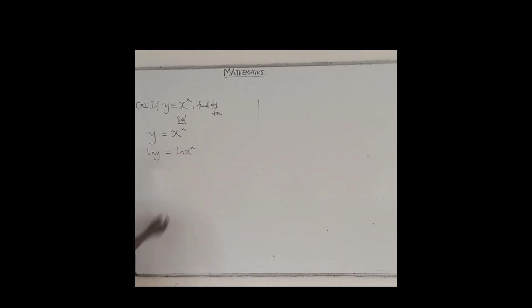So therefore, you arrive at ln y is equal to s ln s. Please take note: when you have log of p raised to power s, it will be equal to s log p. Is that clear? So that is what we quickly do here right now.